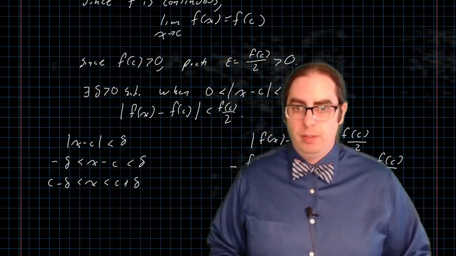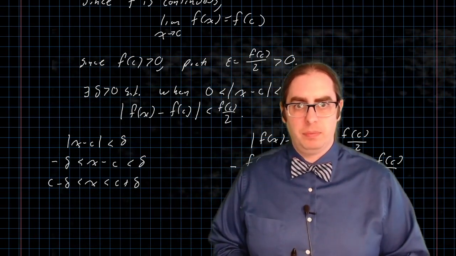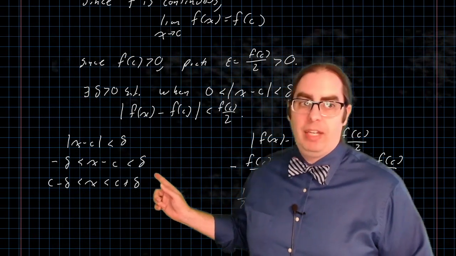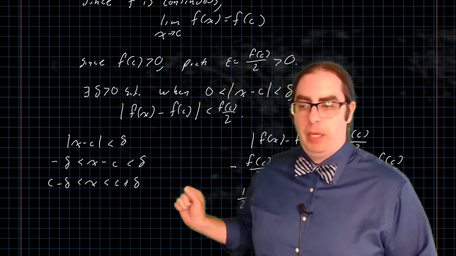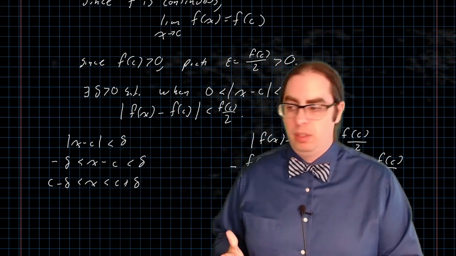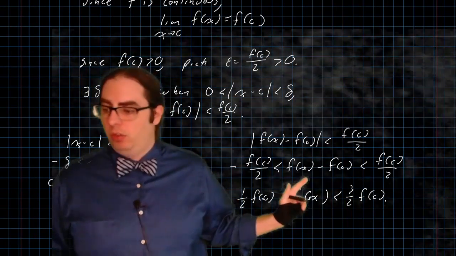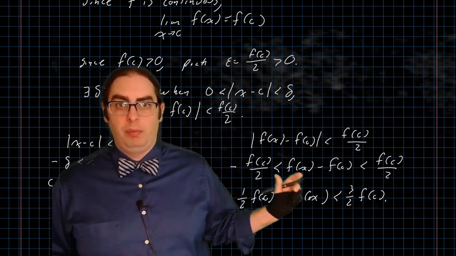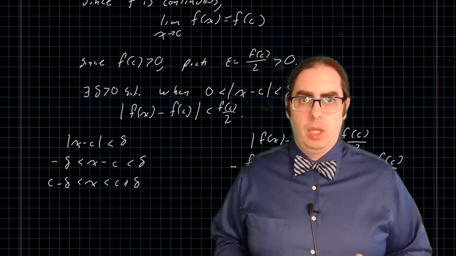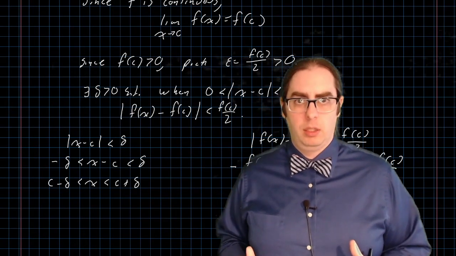All right, now we get to the interesting bits. Over here, we have a range below and above the value of c. And right behind me, we have f of x, which is always positive. All right, that doesn't seem like too big of a deal here.